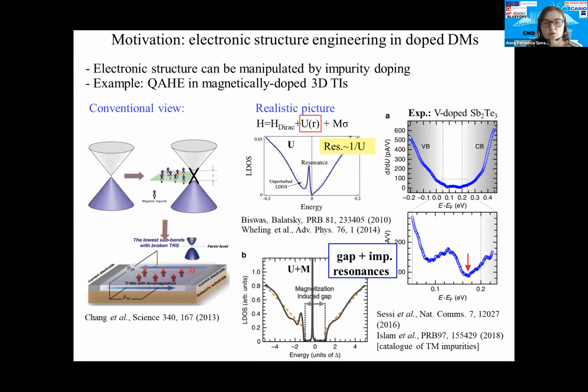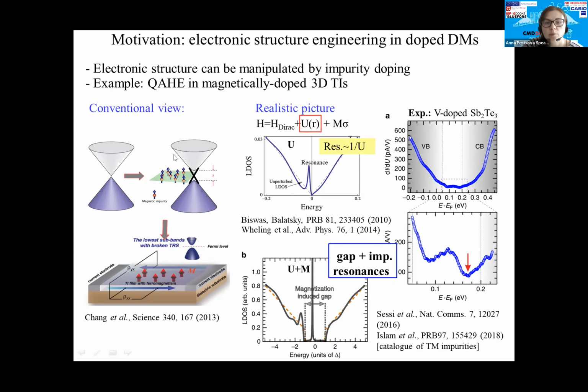Just to start with a brief motivation, what made us look into this. The main theme here is that the electronic structure of Dirac materials, and in particular topological insulators, can be manipulated by impurities. The most obvious example is the quantum anomalous Hall effect, which is observed in thin films of magnetically doped three-dimensional TIs.